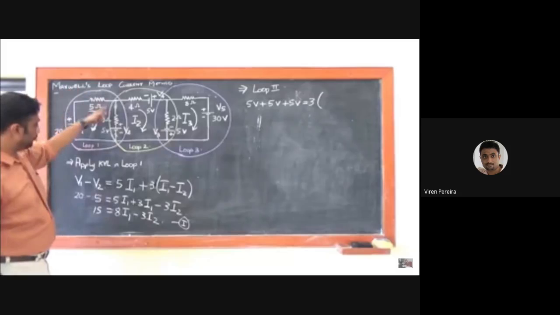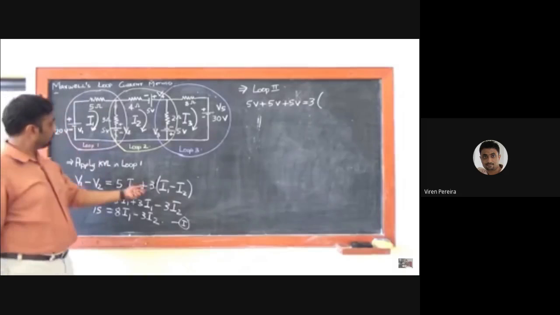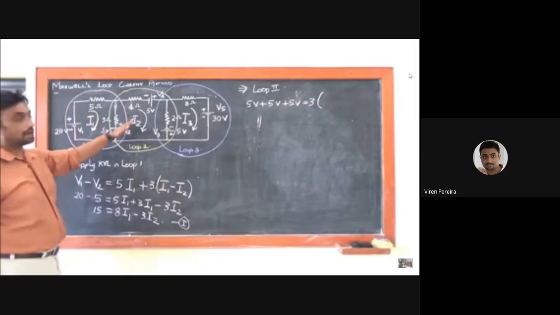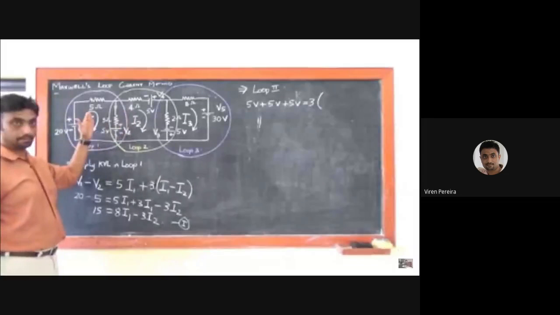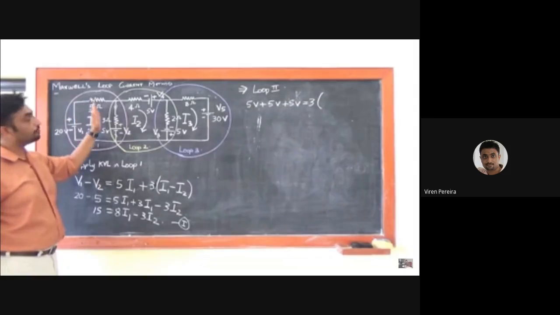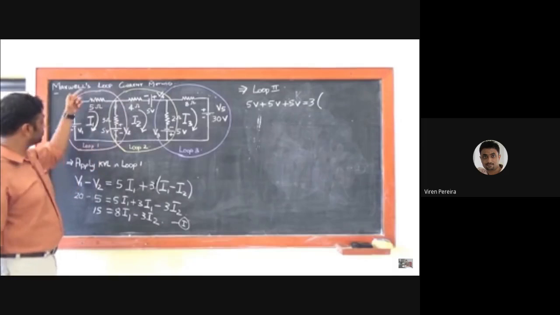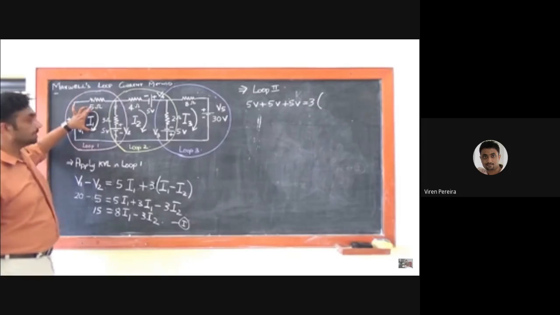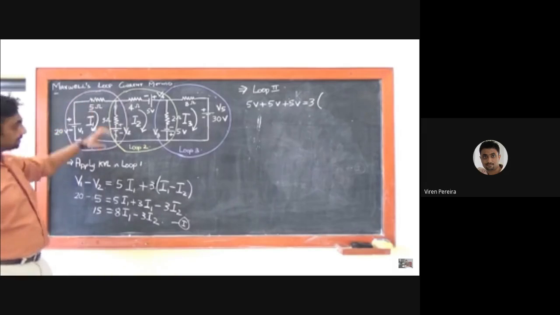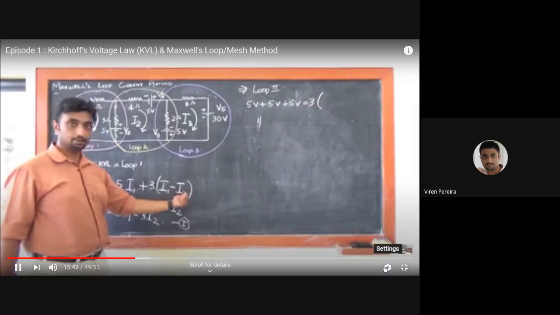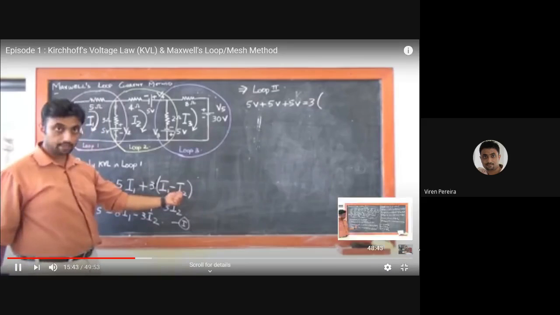In other words, if we consider our loop 1 here, we had 3 into I1 minus I2. Now I could have even said I2 minus I1, but we have to follow one standard. So when you are pertaining to this loop, this current is considered maximum. That's the reason why it has always started with I1 minus I2 and not I2 minus I1.